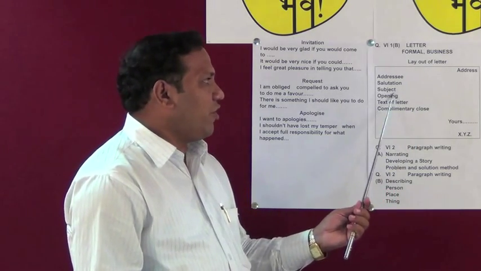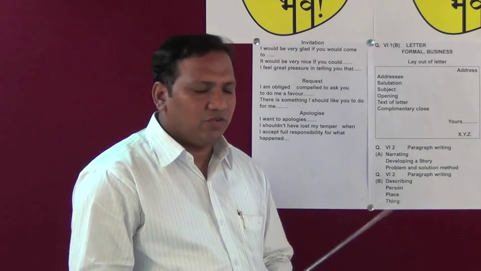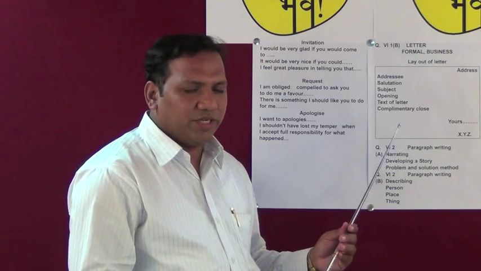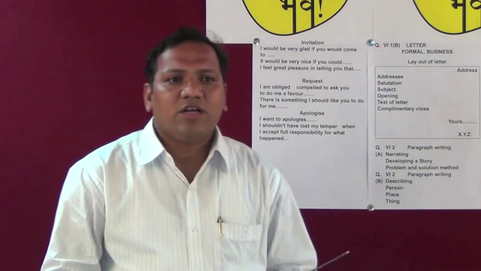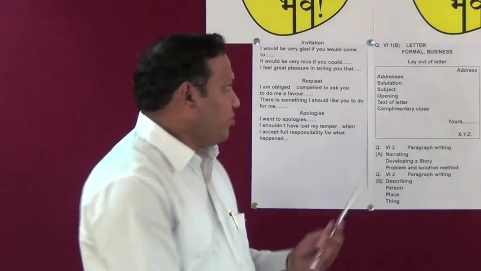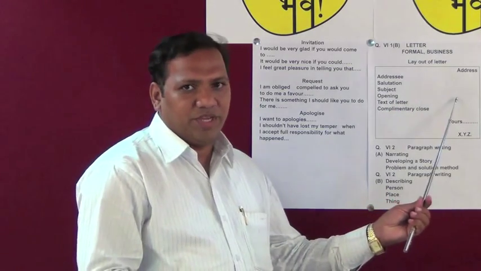Then subject. In a formal letter, the subject is very important. On what subject you are going to write a letter, that is very important. For example, if you are living in a society and in front of that society there is a heap of garbage and you want to write a letter to the municipal commissioner, then you may write the subject as: to clear the heap of garbage in front of, and write down the society's name.